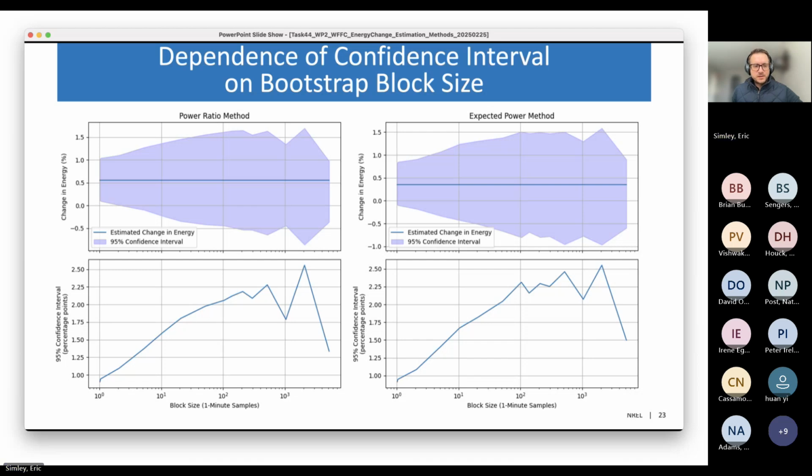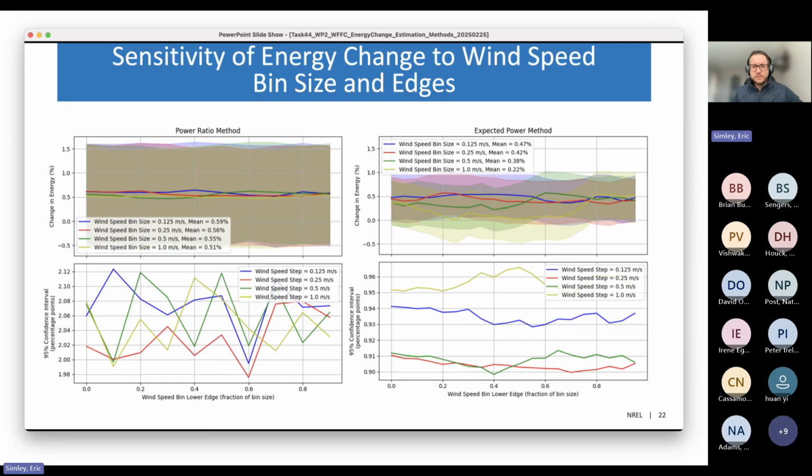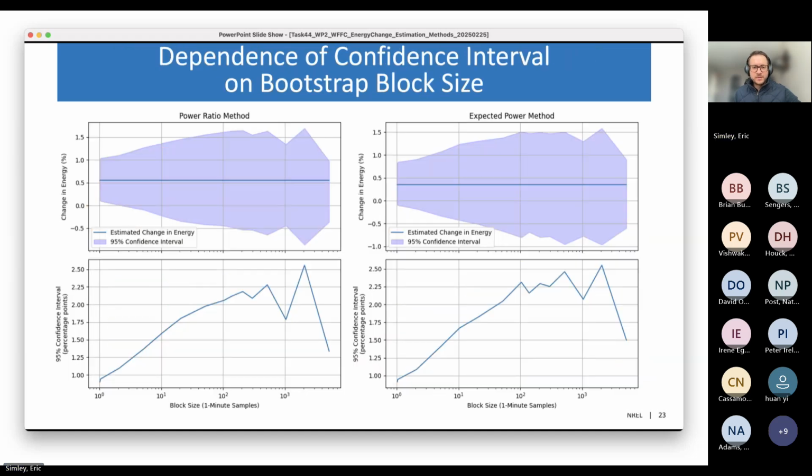And yeah, the other thing to point out is the uncertainty that's quantified with the expected power method just by propagating the standard errors. We get something around 0.9, which is pretty much identical to the uncertainty we estimate from bootstrapping with a block size of one sample. So just standard bootstrapping.